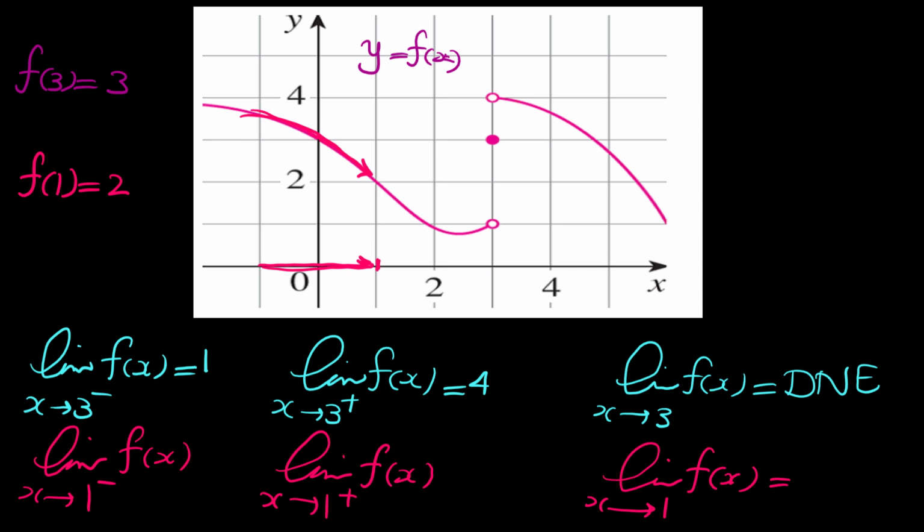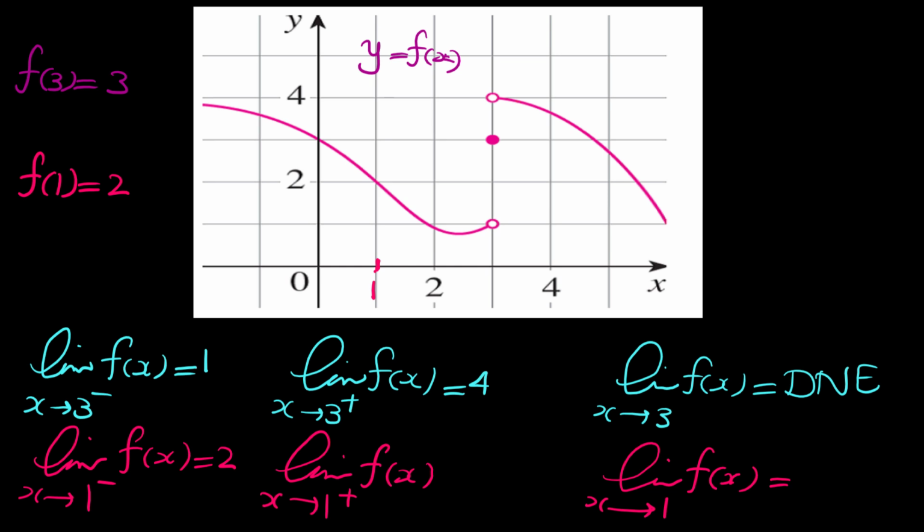If we go toward 1, the y value gradually approaches here. So the limit of the function when x approaches 1 from the left equals 2. When we go toward 1, the y value gradually approaches here and the limit is 2.